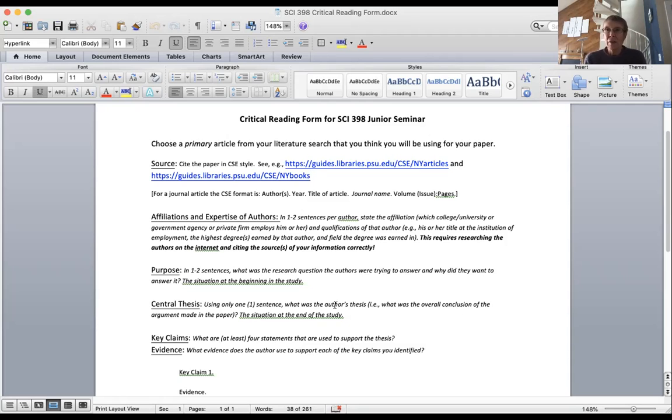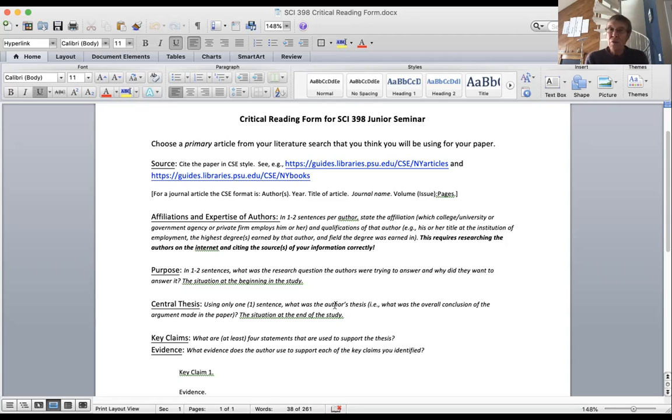Any author that's from an American or European university or other, like Australian, it should be fairly easy to find the research institution or university that they're working at and get some information about them.